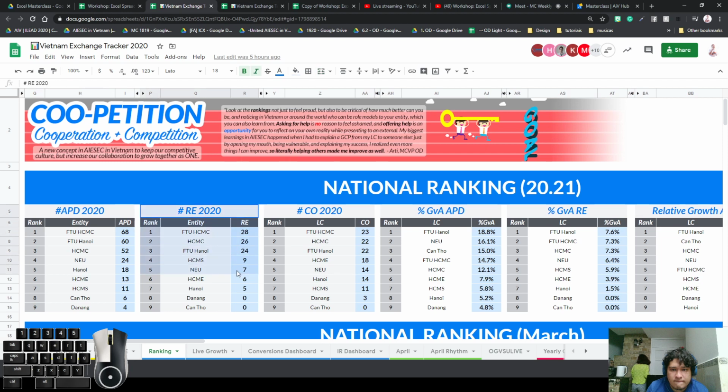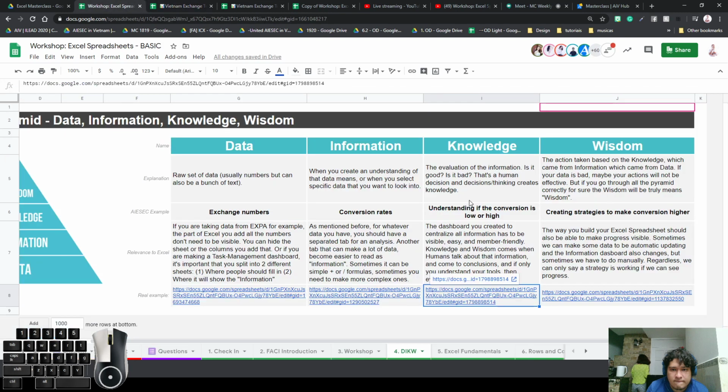The ranking is just an example, and it doesn't need to be a tab or be in Excel. Sometimes the knowledge comes from the discussions after you see the information. But I think the rankings example makes it very clear how you should create a way to evaluate, and that way is how you create the knowledge.